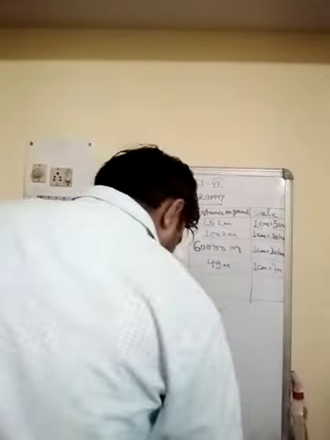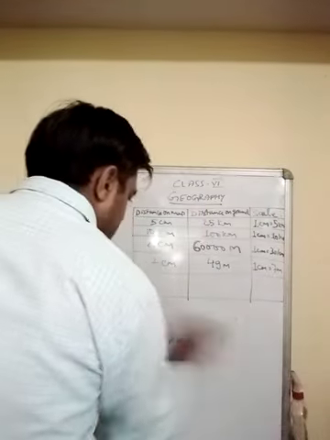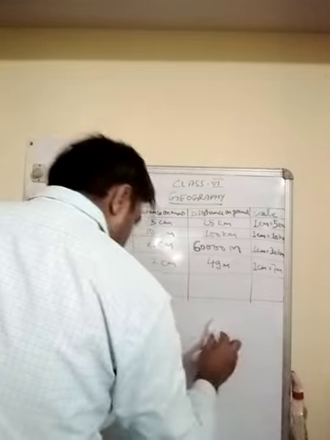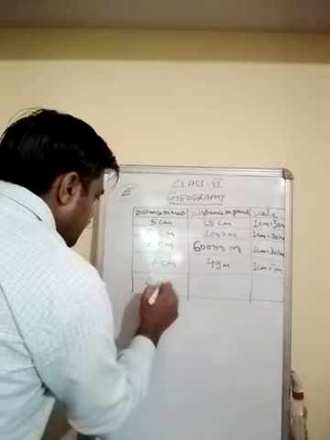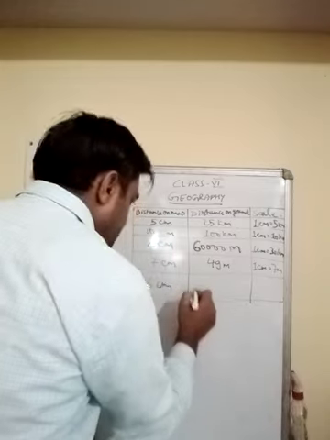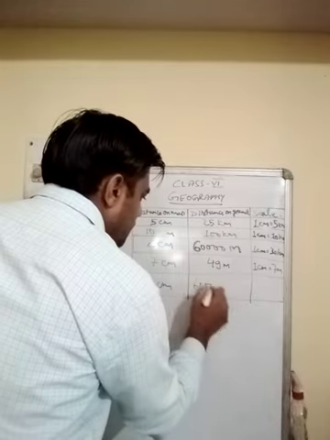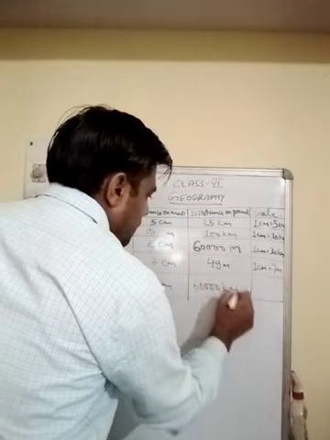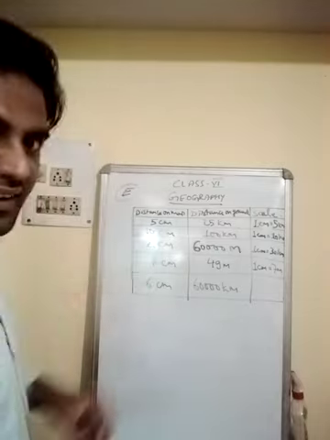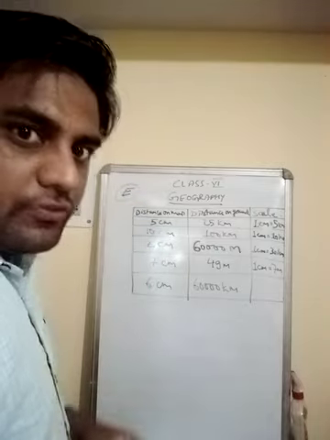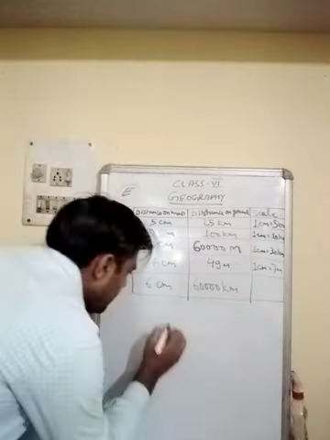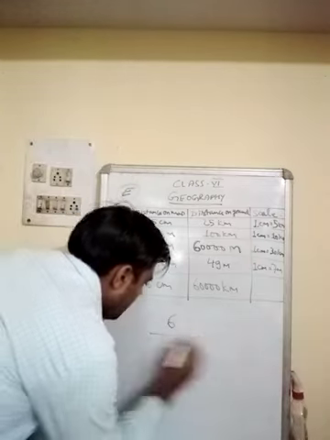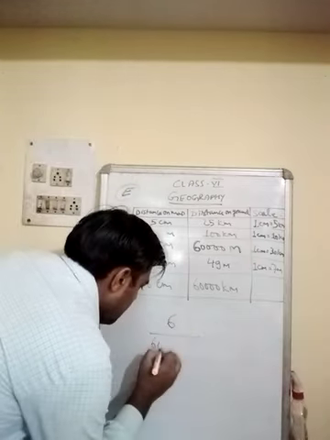Coming to the last one. 6 centimeter, 60,000 kilometer. And now you have to write scale. So obviously it is like the first question only, not very difficult to go with. All we have to do is 6 divided by 60,000.